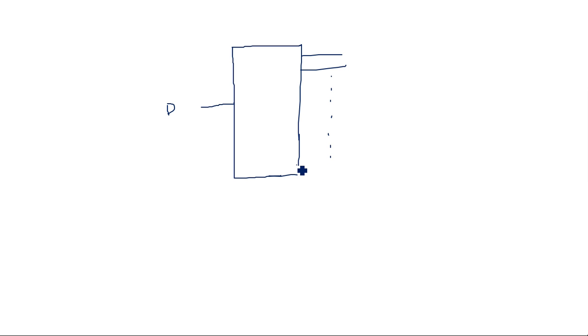The block diagram is here. We have only one input, the data line D, with 2 power n number of output lines, and n number of selection lines: 0, 1, and so on, up to n minus 1.